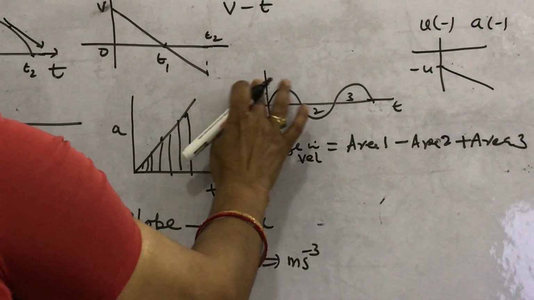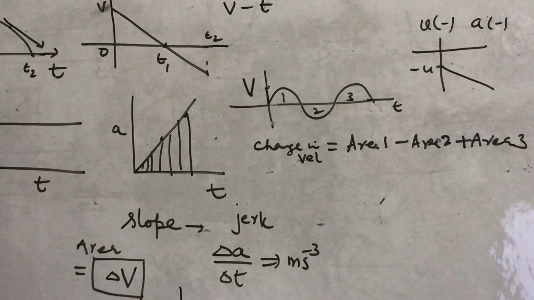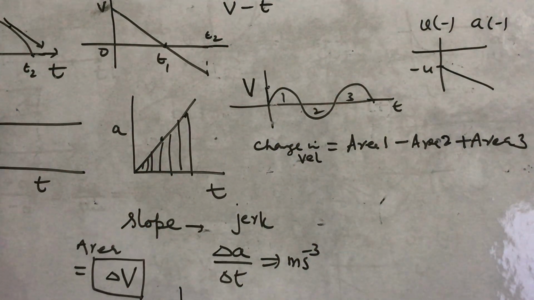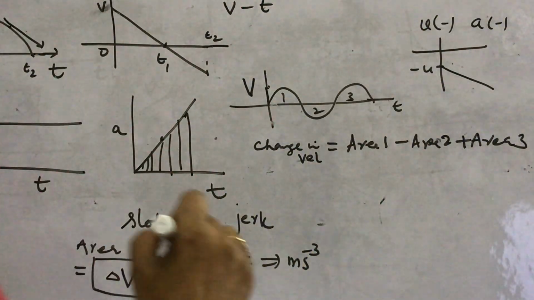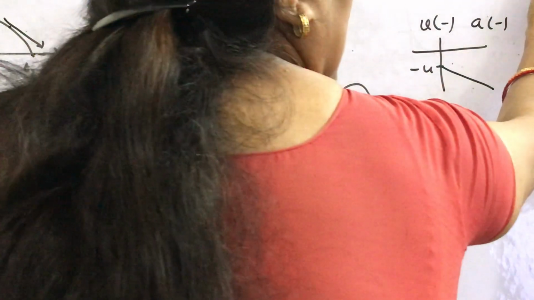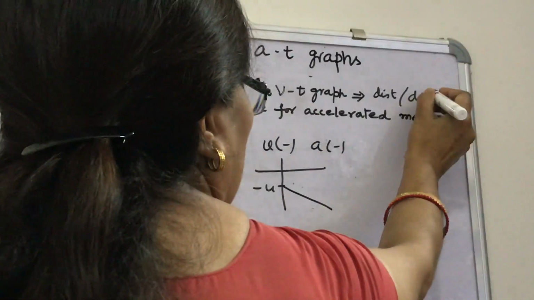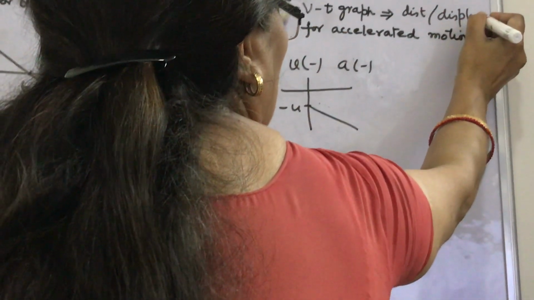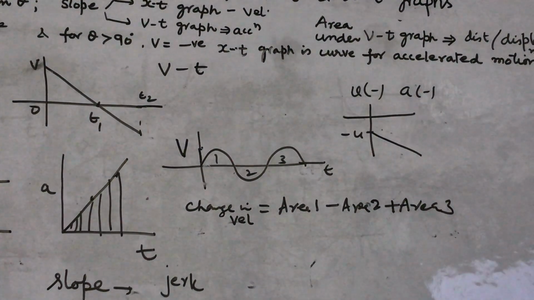Suppose this is the VT graph, then the area of the VT graph is displacement. Whether it is displacement or distance, V is speed or velocity.